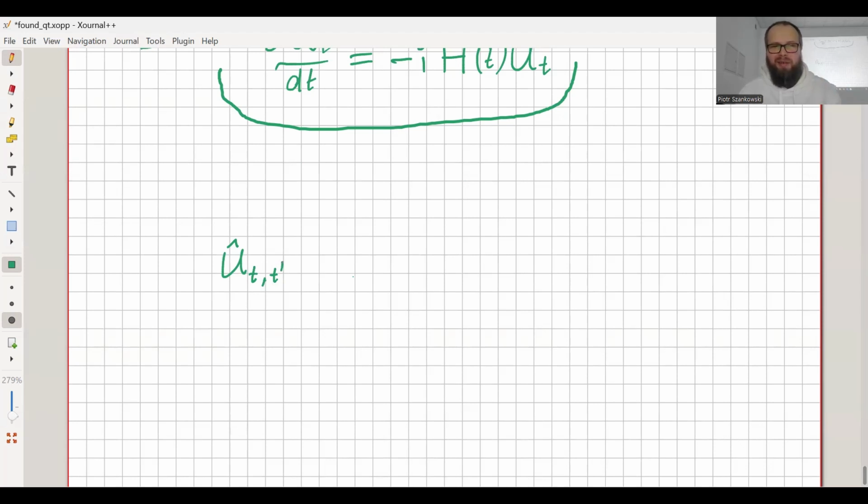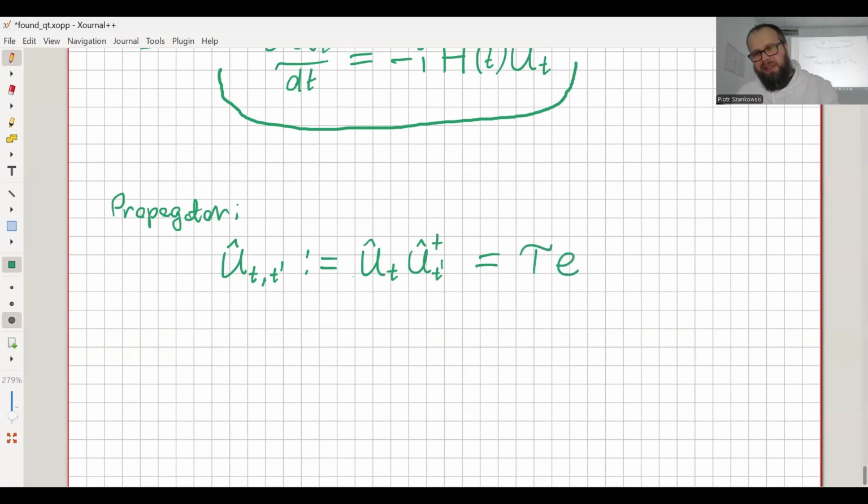So now we can define a propagator, which will be useful for further manipulations, which is by definition U(t) times U(t') dagger, which then will become e to the minus i H (t minus t'). Okay, the standard formula we are familiar with from quantum mechanics.